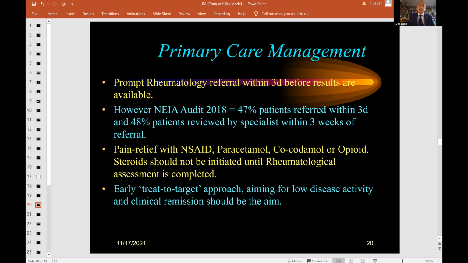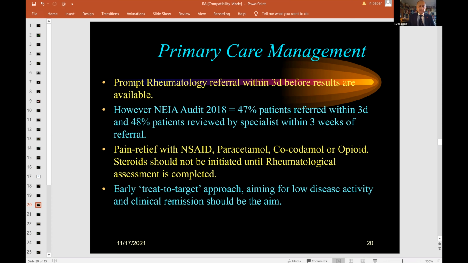That means 53% patients were not referred within 3 days. And when referred, then only 48% patients were reviewed by the specialist within 3 weeks. And so the system isn't working as it was expected.